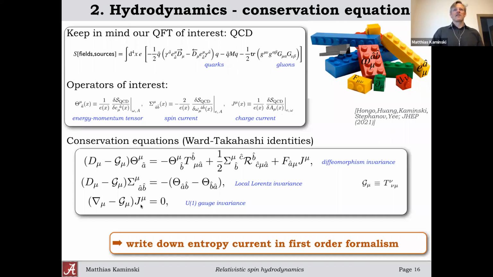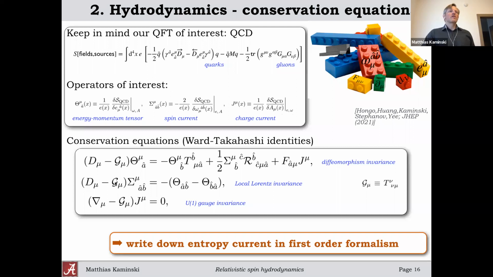So again, this is slightly more complicated, but one thing to highlight is something that people in heavy ion collisions have talked a lot about, and that is a fundamental result. If you have a spin current with a non-vanishing divergence, that means you have a source for the spin current.